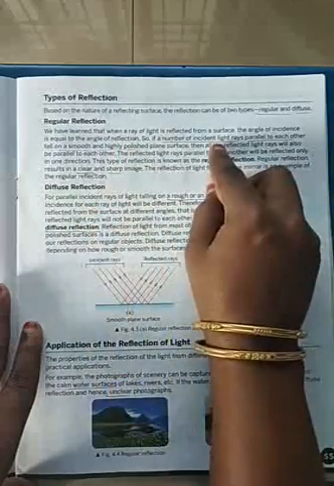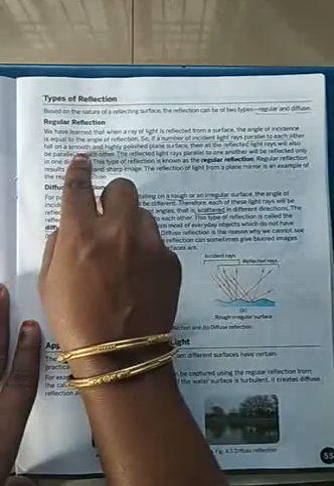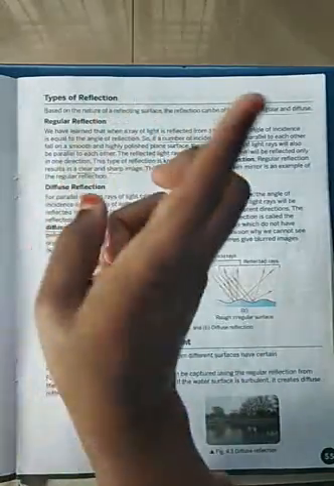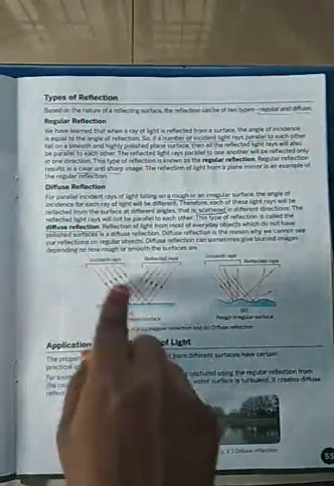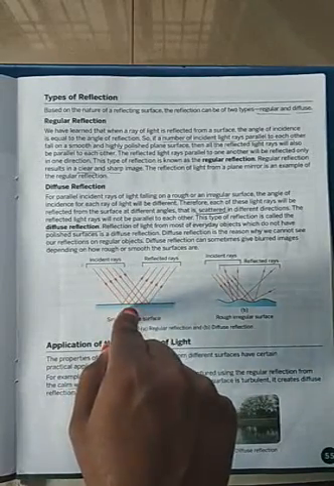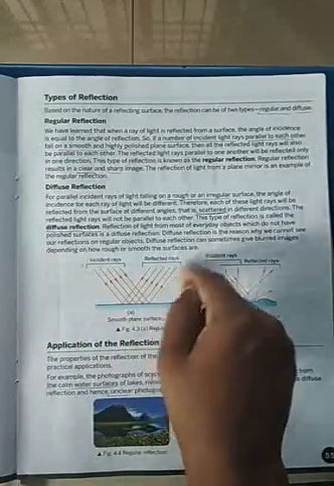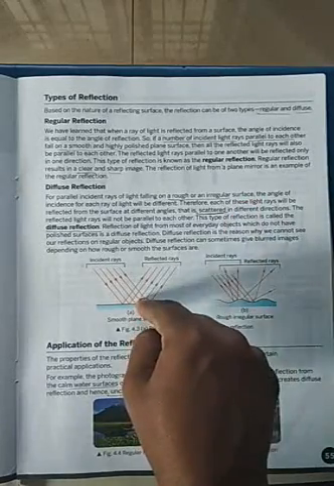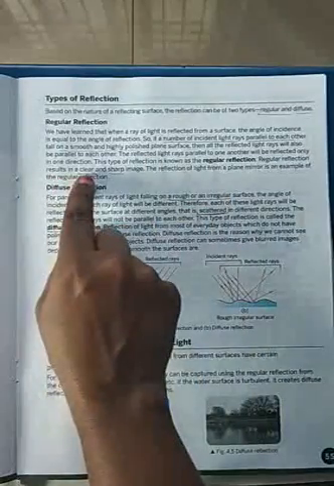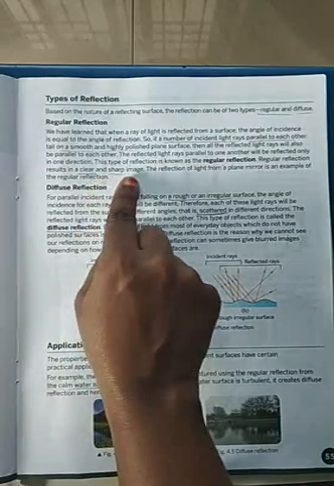When any number of rays which are parallel to each other fall on a smooth and highly polished plane surface, their reflected rays also will be parallel to each other. So that will give you the regular reflection, which gives us a clear and sharp image.